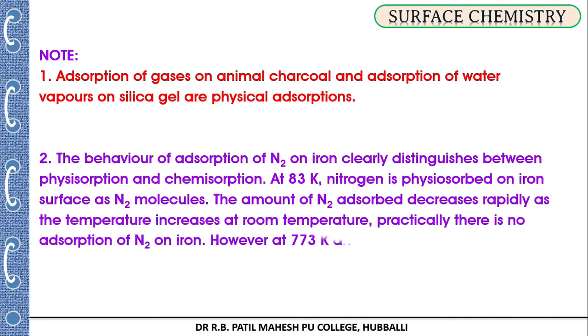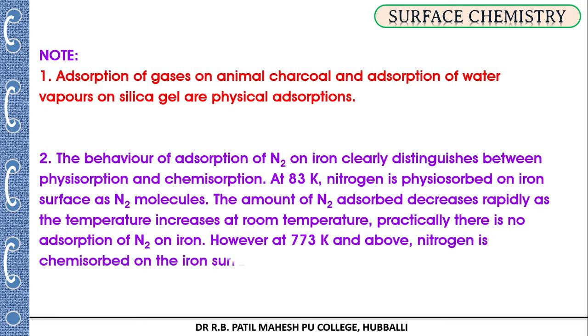As we increase the temperature, adsorption of nitrogen on the surface decreases. When the temperature reaches 700 or 773 Kelvin, once again adsorption takes place, students, but here adsorption is due to chemical bond. So from this example, it is clear that physical adsorption is favored at lower temperature, whereas chemical adsorption is favored at higher temperature.